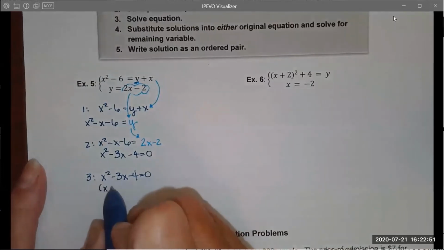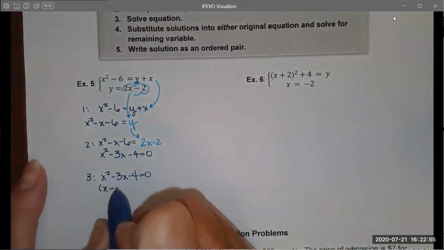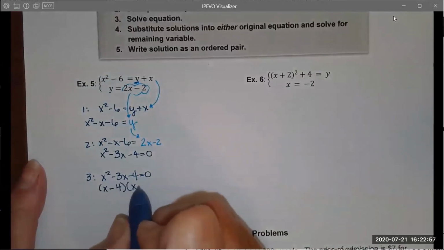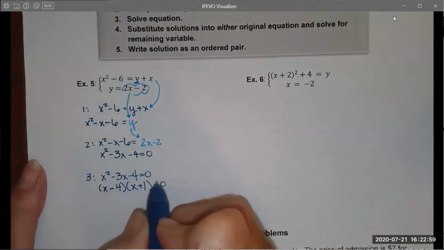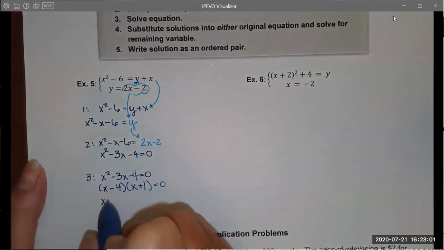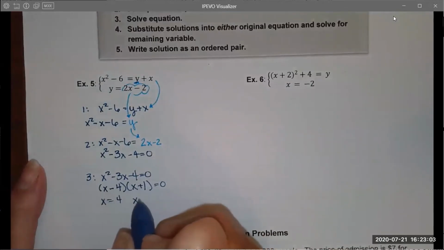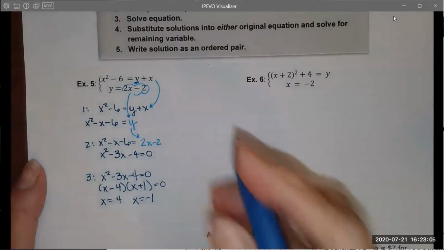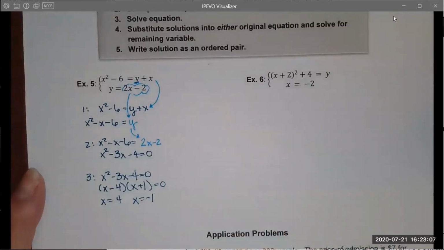I am going to suggest for expediency that this is x minus 4 times x plus 1. And when I solve for each of my x terms, I end up with x equals 4 and x equals negative 1. So that is solving my equation.